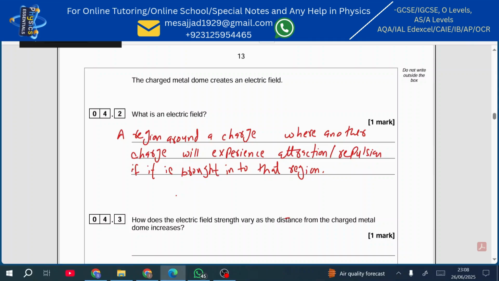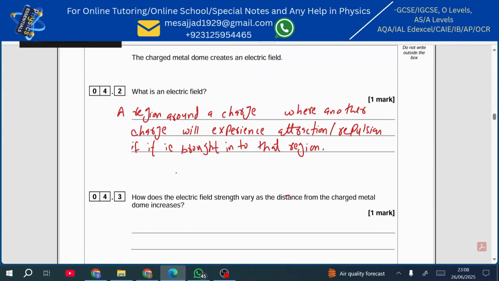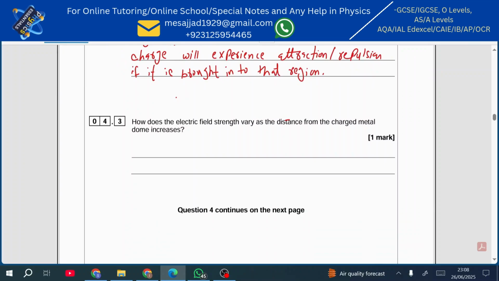How does the electric field strength vary as the distance from the charged metal dome increases? So it's quite obvious when positive charges are going away from each other, their attraction or repulsion is minimized, becomes less and less.